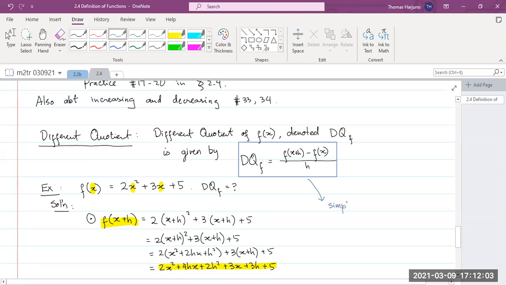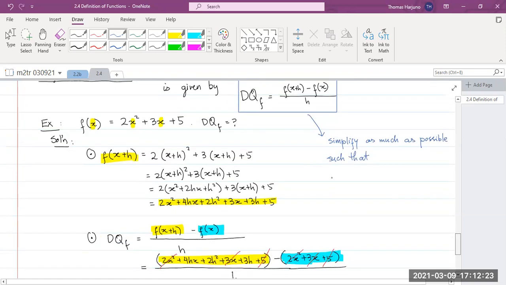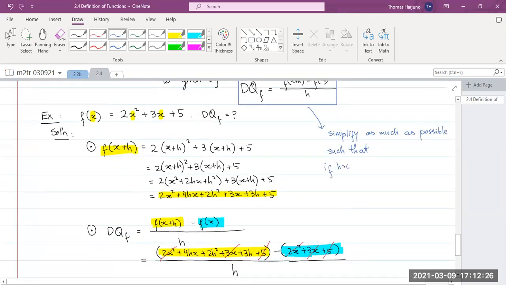Simplify as much as possible such that if h is equal to 0, we don't get 0 over 0. Okay, so when do we know we can stop? You can stop when, if you replace h equals 0, you don't get 0 over 0.